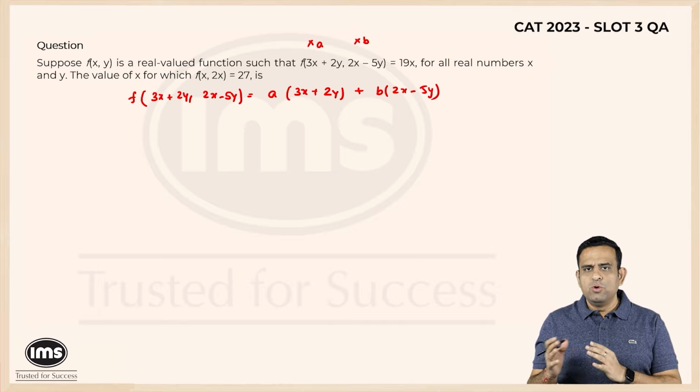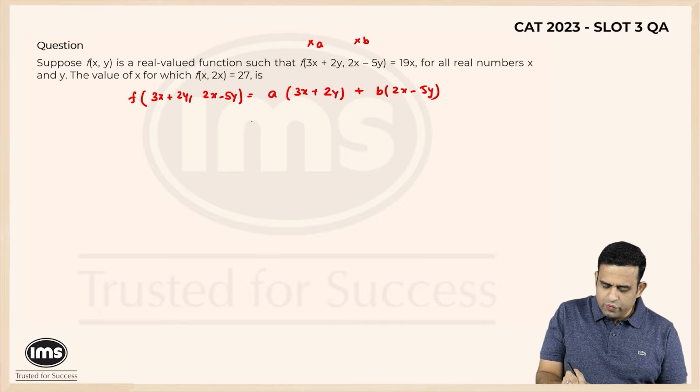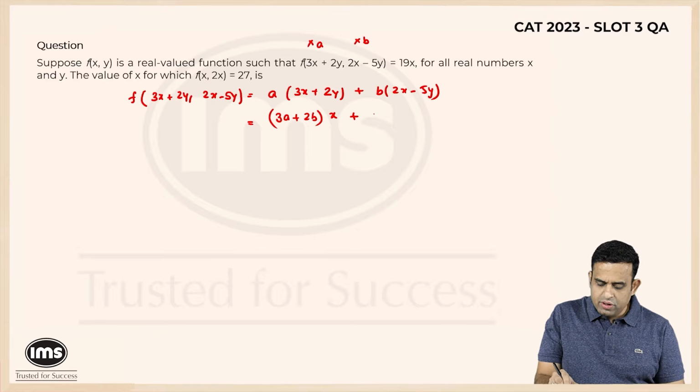Then let's look at the coefficient of x and the coefficient of y. The coefficient of x will be 3a plus 2b, into x. The coefficient of y will be 2a minus 5b, into y.